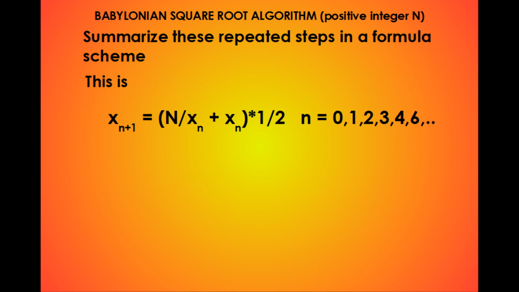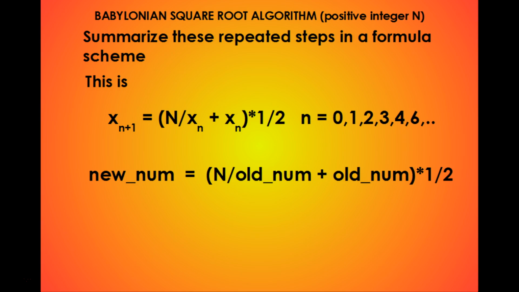And you can look at this formula scheme as a way of generating new numbers: the new number equals n, the number you're trying to find the square root of, divided by the old number that you previously have, and add the old number again and multiply everything by half. It's just a way of generating new numbers.